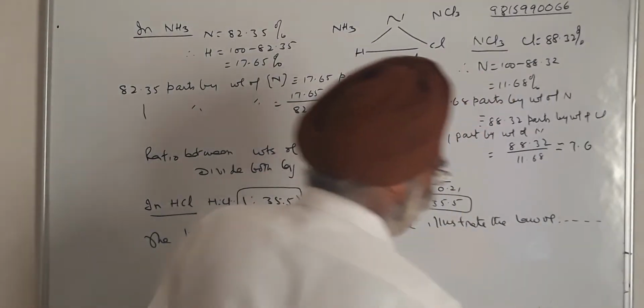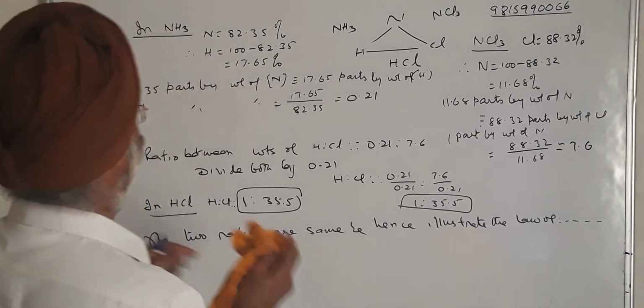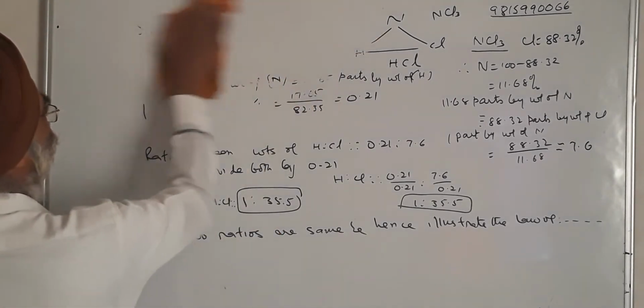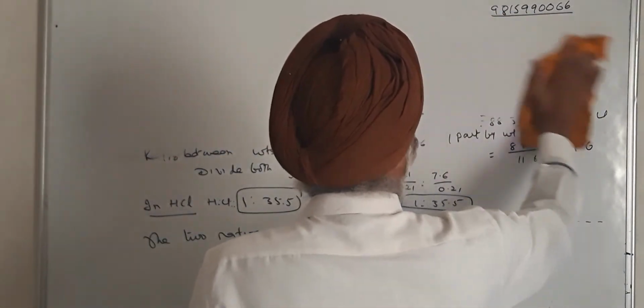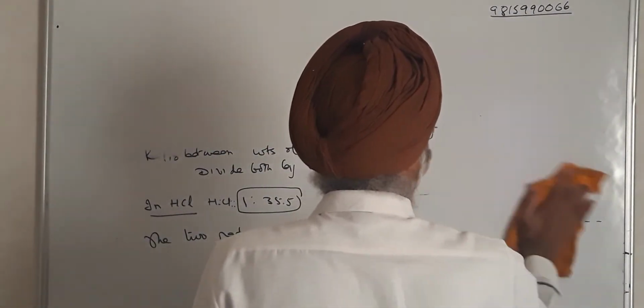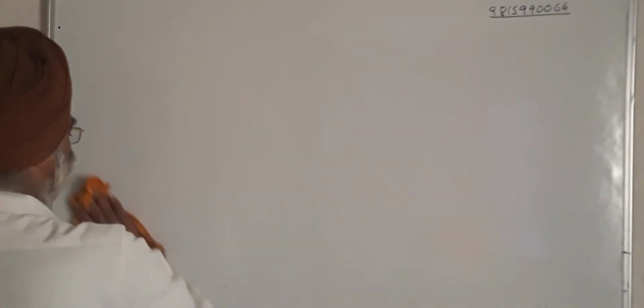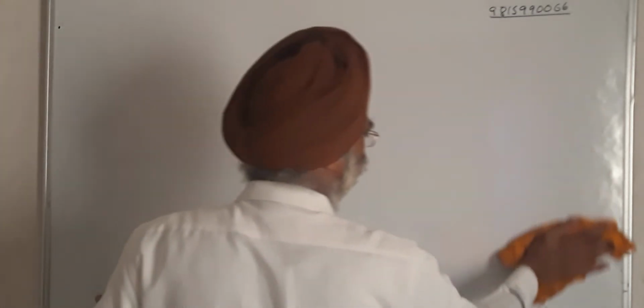We come to the next law in this sequence, and that is Gay-Lussac's law of gaseous volumes. It deals with the volumes of the reactants. There is no consideration of weight in it.